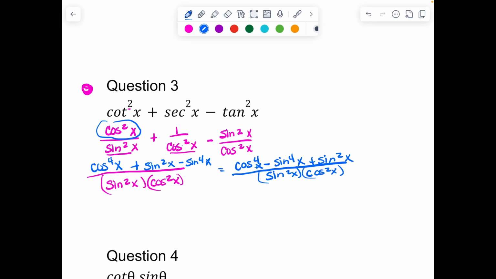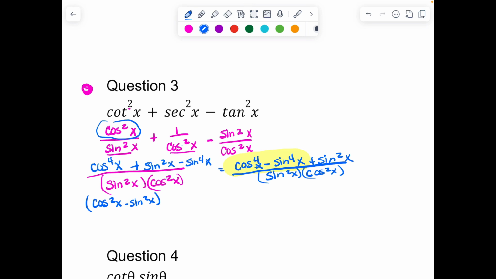So from here, we've got to factor. If we think about this section right here, and this is one of the reasons I put them together, I can think about what I can pull out, or how I can rewrite those in terms that'll help me cancel something. So I can say, oh, well, I can do cosine squared of x minus sine squared of x, and that's like a difference of squares, so I can write that where no middle term would happen.